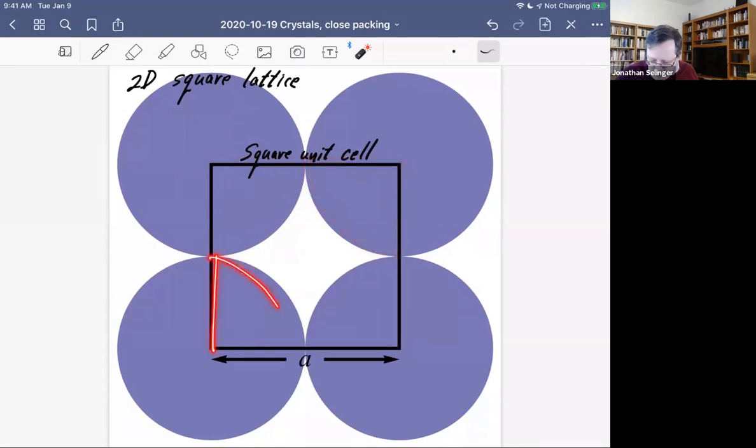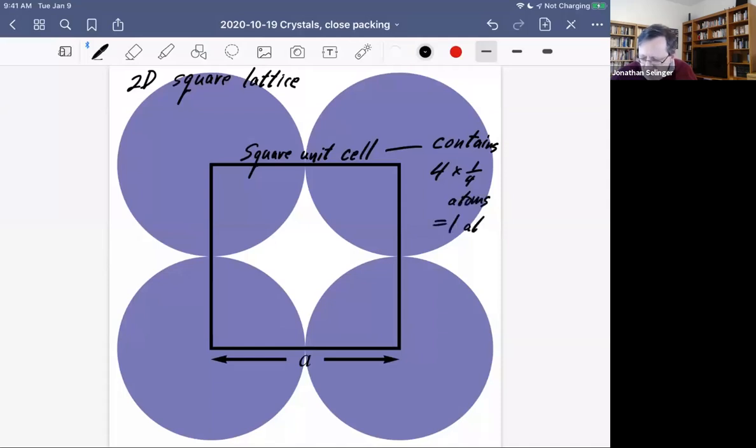And here's another quarter. And here's another quarter. Okay? So we could say that each square unit cell contains 4 times 1/4 atoms. That is, it contains 1 atom, all right, 1 disk-like atom.